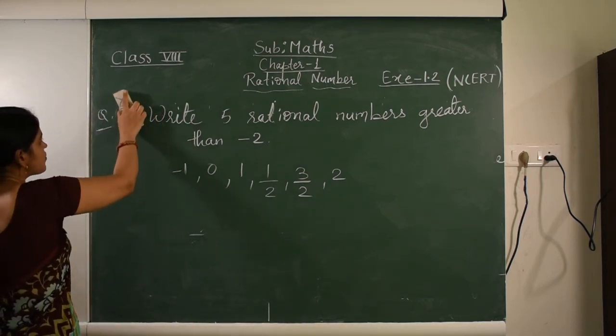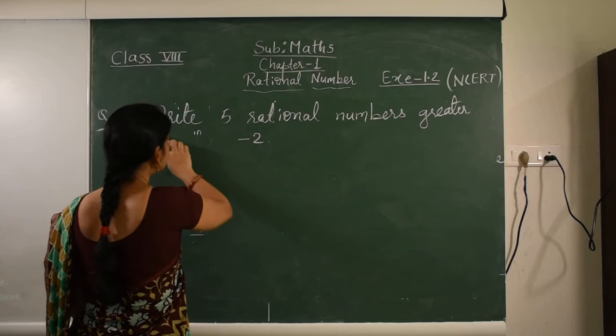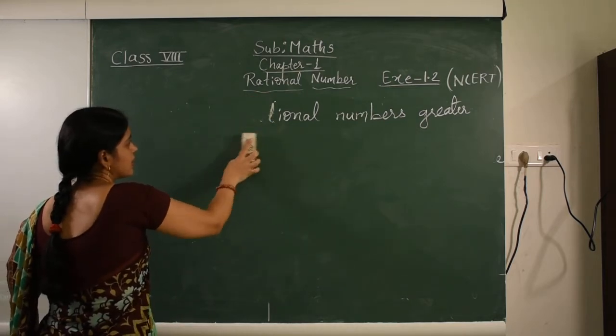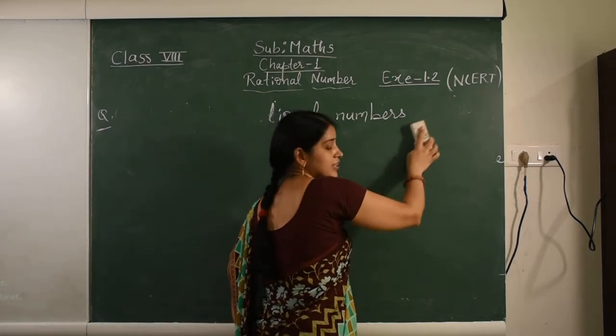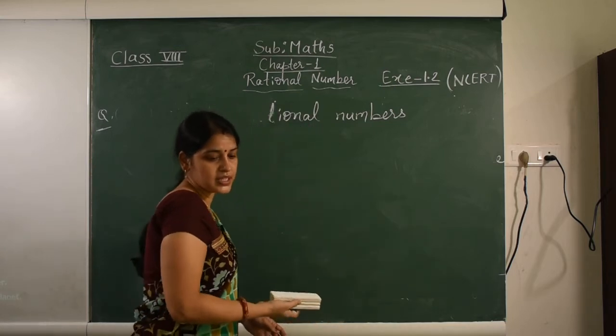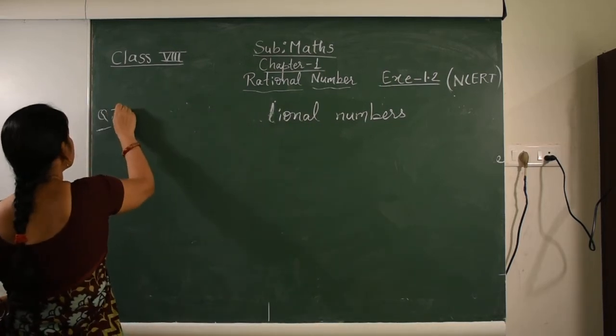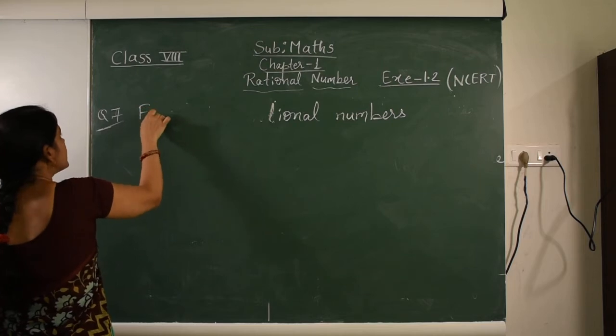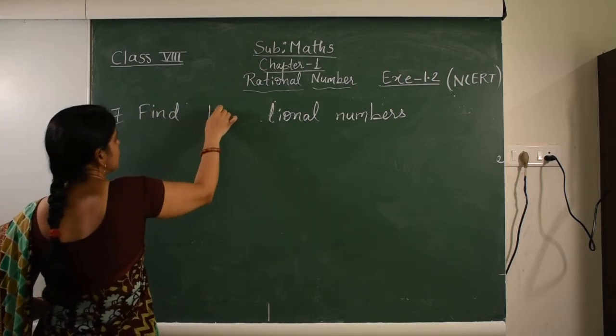Now the last question of the exercise: again you have to find rational numbers. You have to find 10 rational numbers.